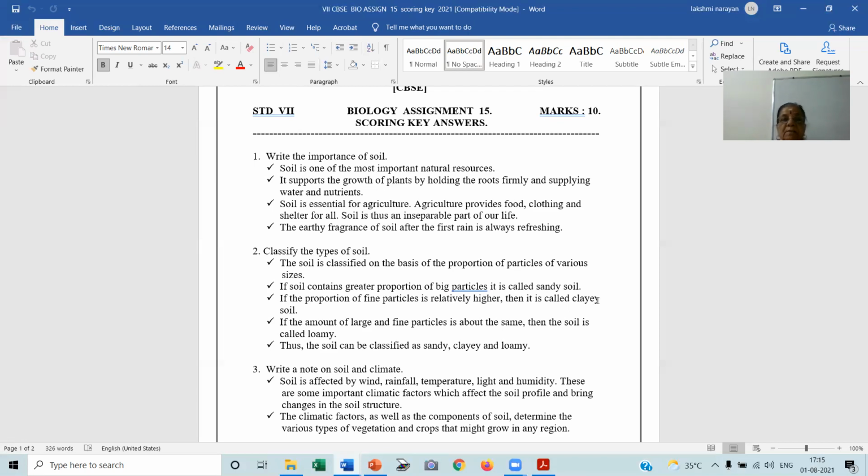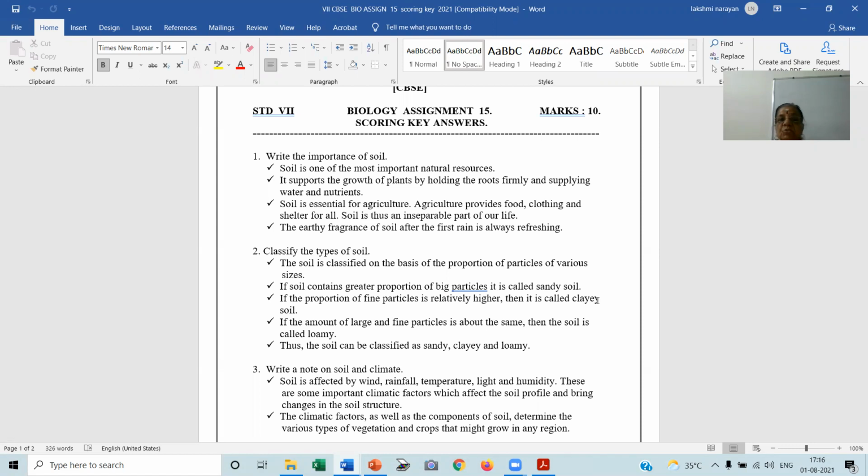And the earthy fragrance of soil after the first rain is always refreshing. What does it mean? Right after the first rain, the soil smells good. That is the earthy fragrance of soil after the first rain, always refreshing.